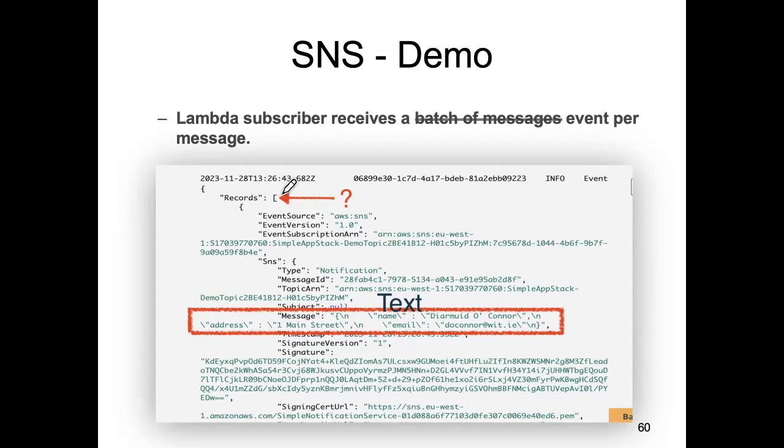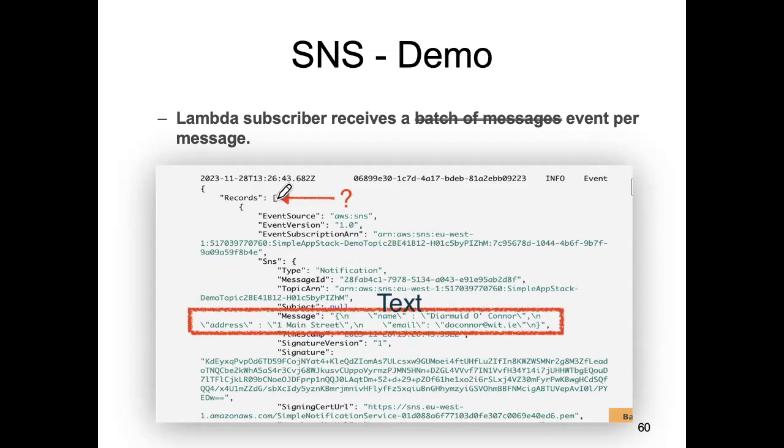Now, that's fine. And this seems to be indicating the same thing, because it looks like here I've got an array of, in this case, SNS messages being sent to my Lambda. Whether there is only one entry in that array or not isn't important. But it does seem to indicate the potential for my Lambda to receive a batch of SNS messages.